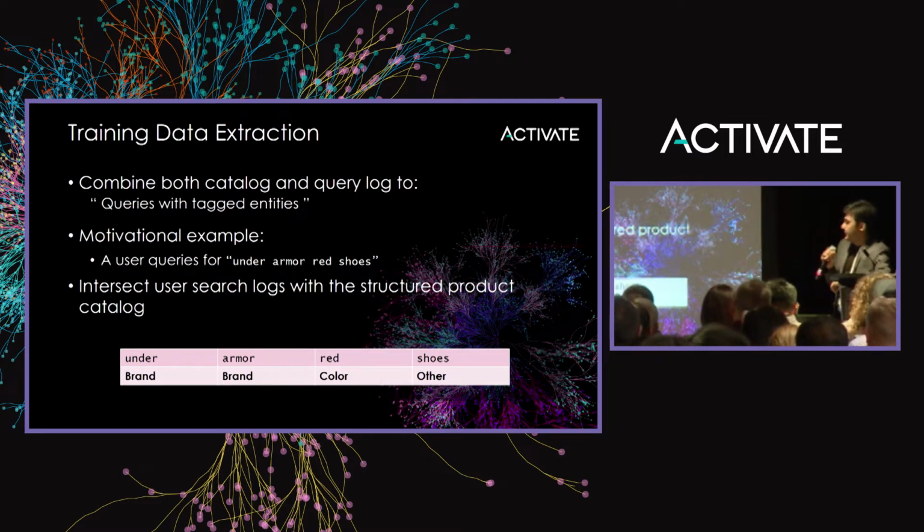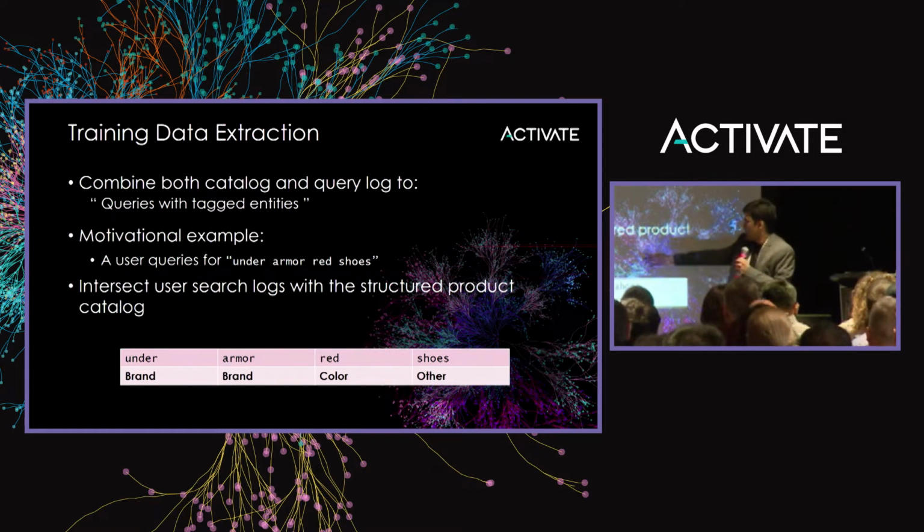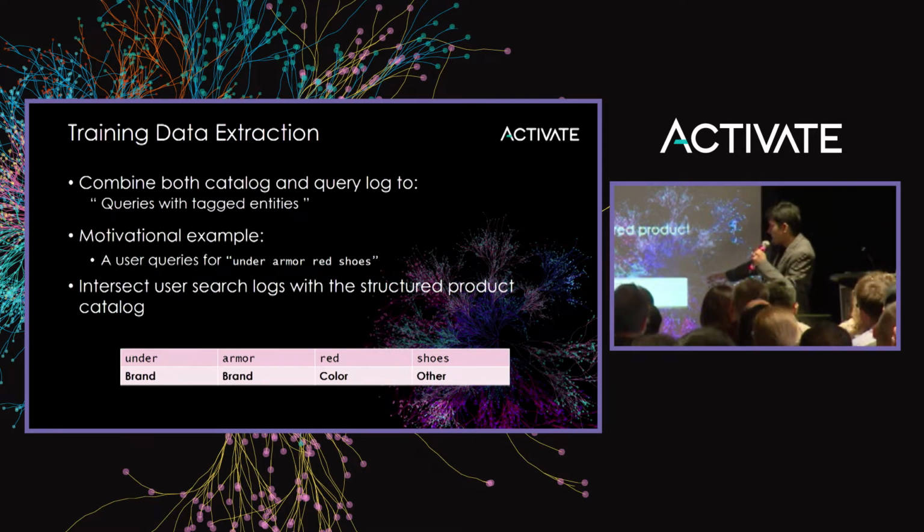So given a query and the corresponding clicks, we can intersect the facets of the clicked documents and generate tags back for the query. That is our training data. With that, we know that in Under Armour red shoes, Under Armour represents brand and red represents a color.